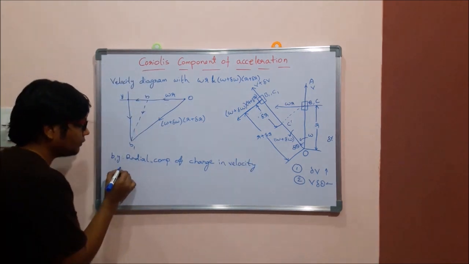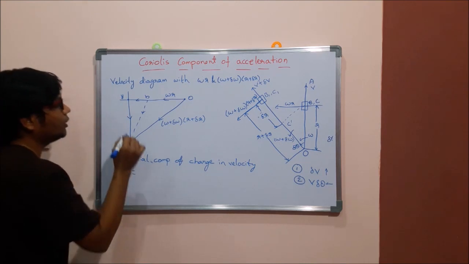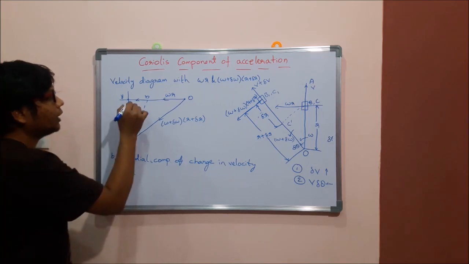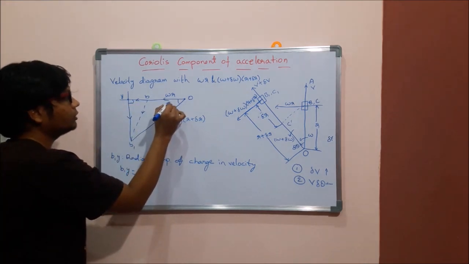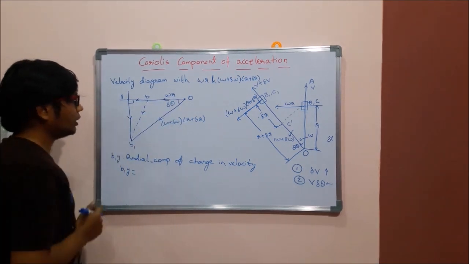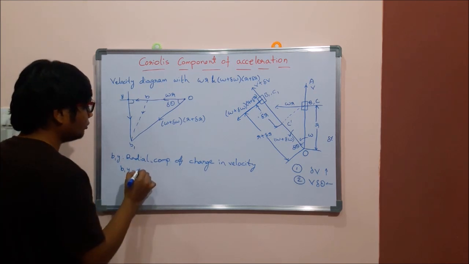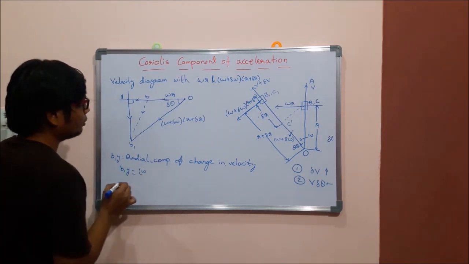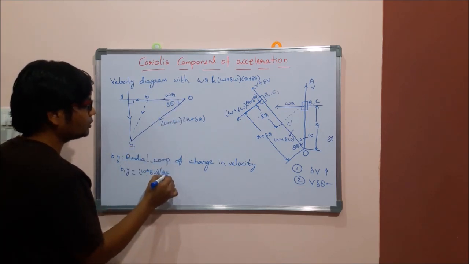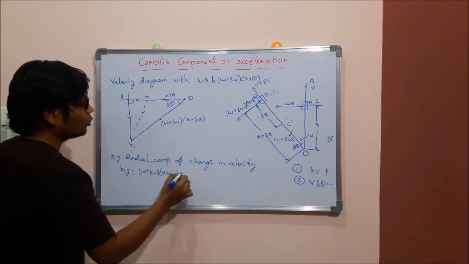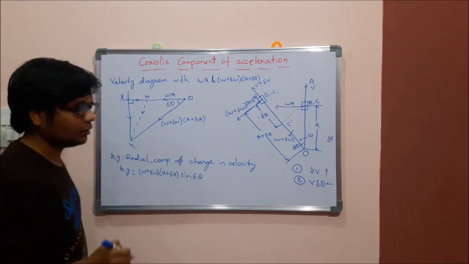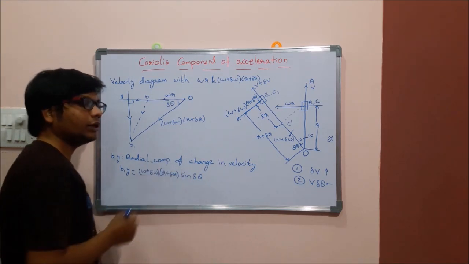Okay? So this b1y, what we can write from the right angle triangle Ob1y. That b1y is the opposite side of the right angle triangle, and here also the same angle takes place due to the displacement of delta theta. So b1y, the opposite side, can be written with the help of the sine rule as omega plus delta omega, which is the hypotenuse, into r plus delta r into sine of delta theta. Here sine delta theta is very small, so it will be delta theta only.